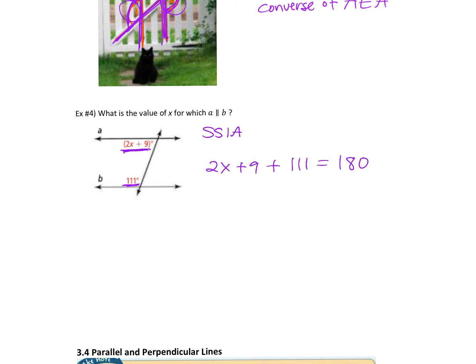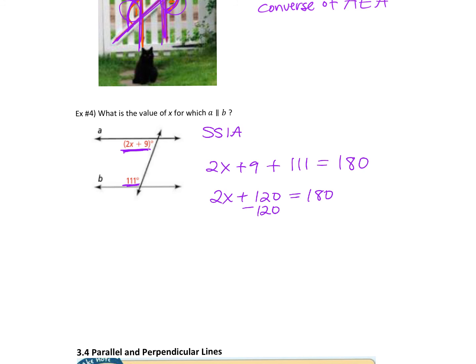Now you solve it and you say X would have to be this value for A to be parallel to B. So you're going to solve it just like you solved them on Friday. It's just they're asking you a different question, but it's really the exact same problem, okay? So this is going to be 2X plus 120 equals 180.